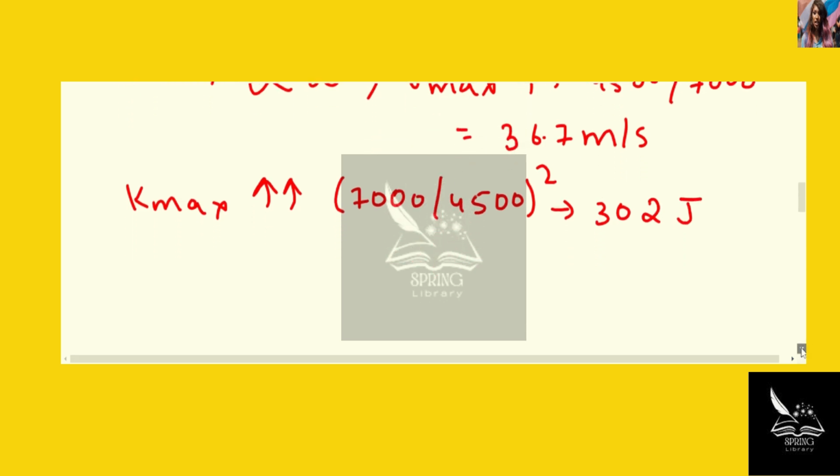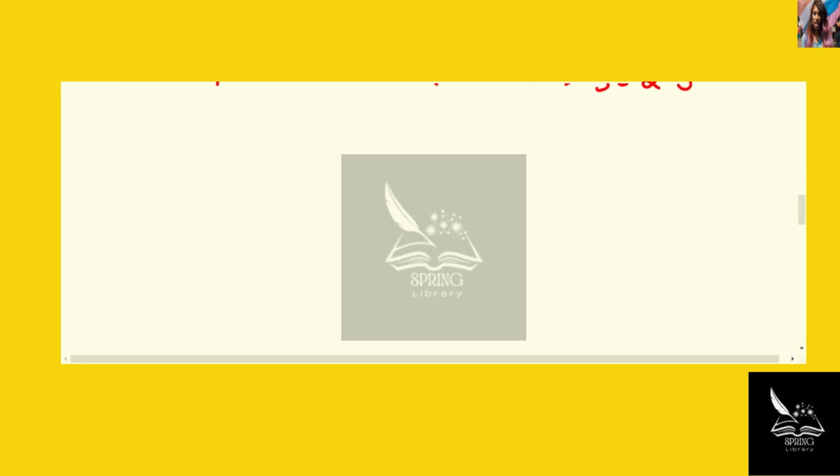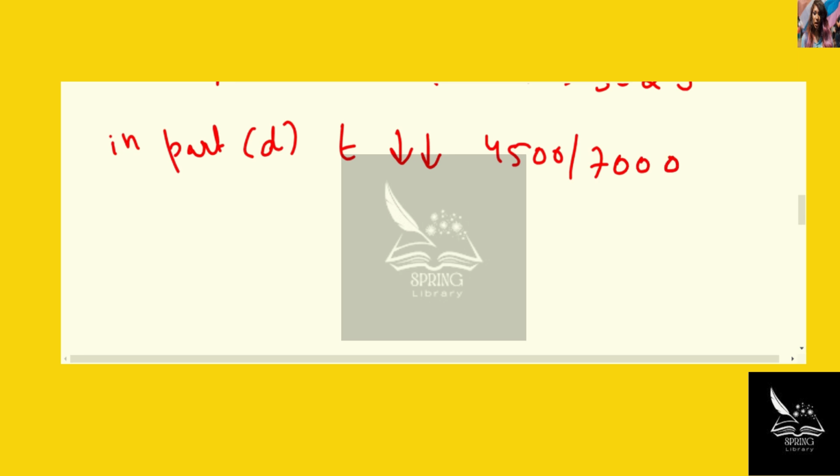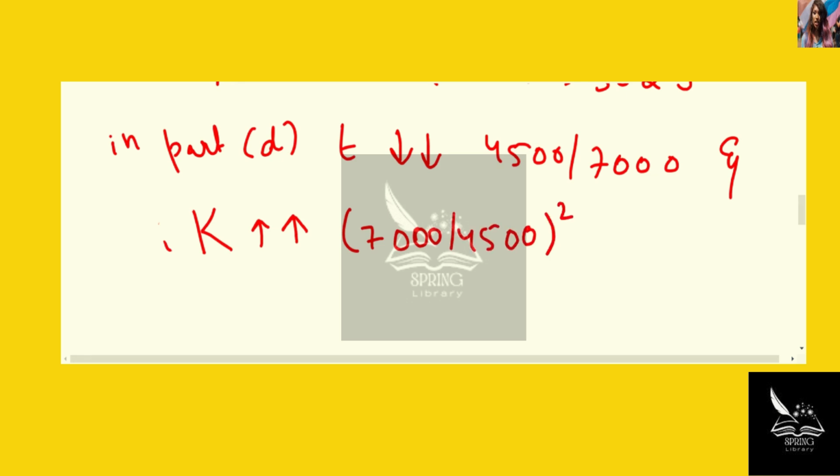In part D, which we had done, what happens? T decreases by a factor of 4500 upon 7000, and K increases by a factor of 7000 upon 4500 the whole square.